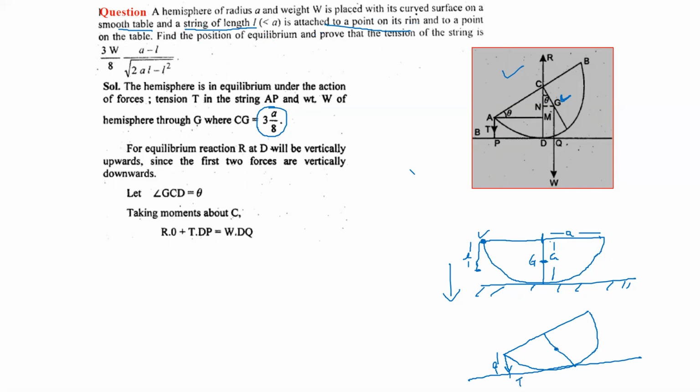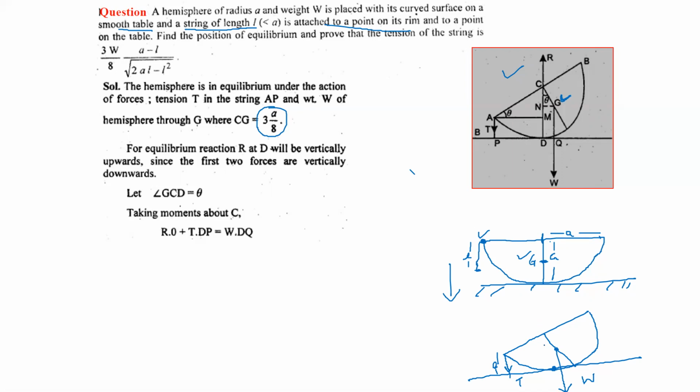Firstly, the center of gravity that I have already told you, G, which is here. So it will act vertically downwards, the weight of the hemisphere, right? And now because this portion of the hemisphere is in contact with the table, there will be a normal reaction of the table.